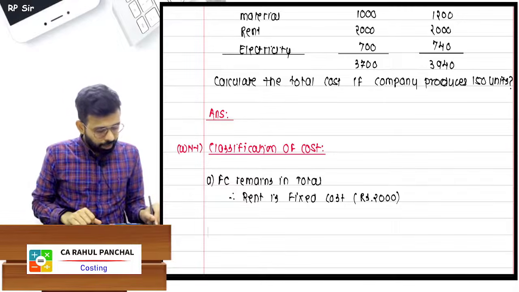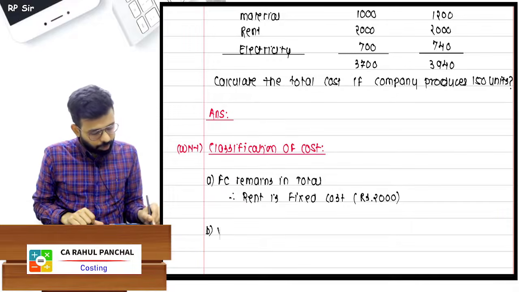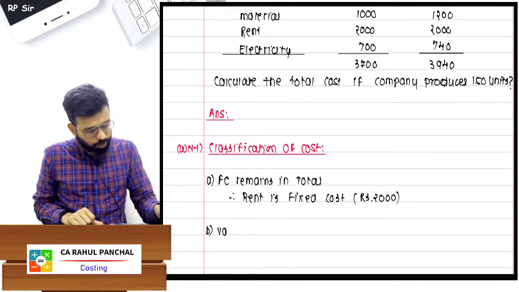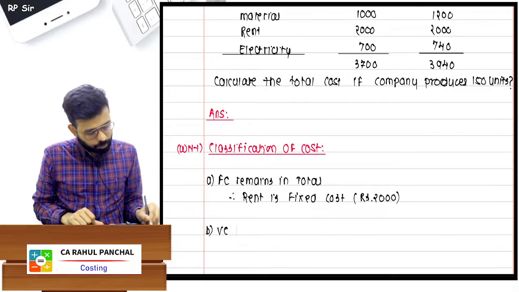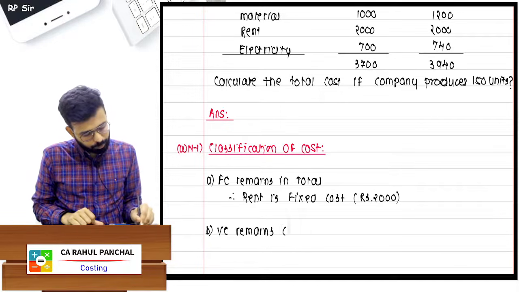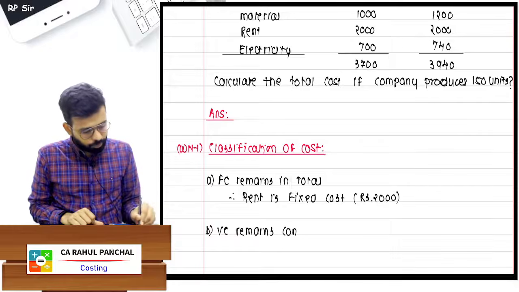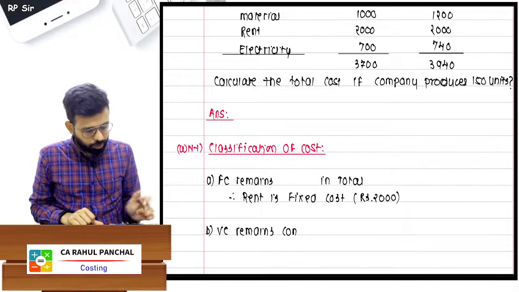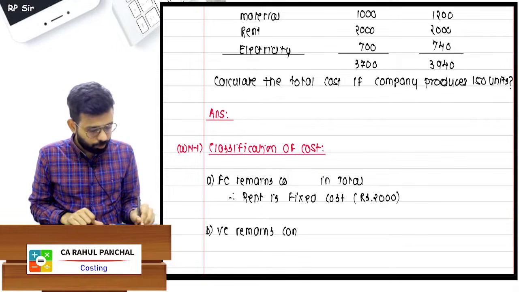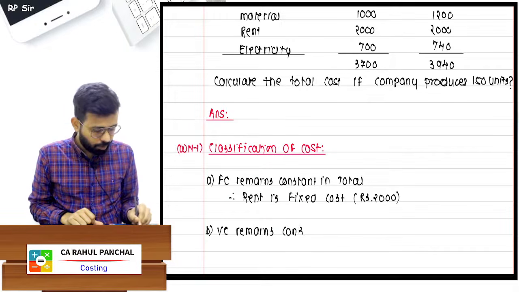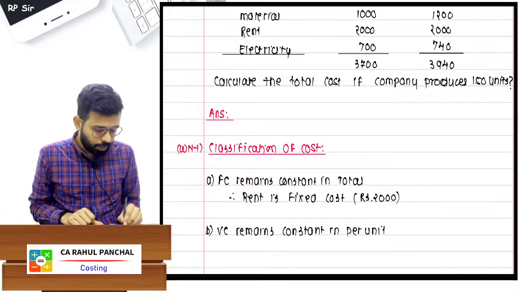Now, the second thing is you need to calculate the variable cost. Sorry, I forgot to write this: fixed cost remains constant in total, and variable cost remains constant per unit. Please write like this.